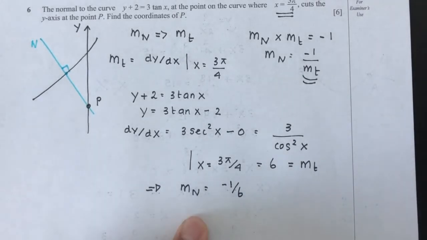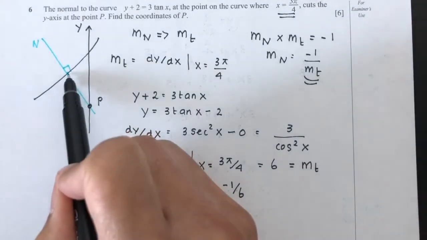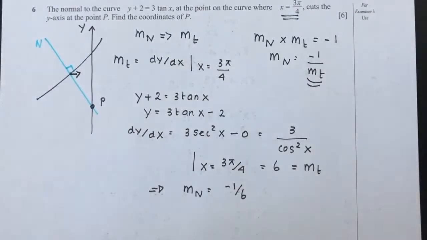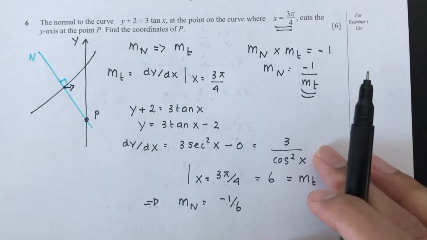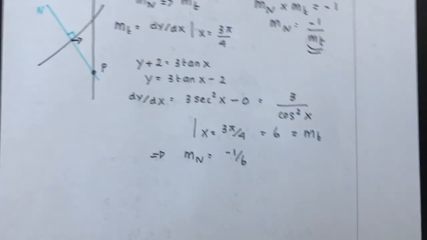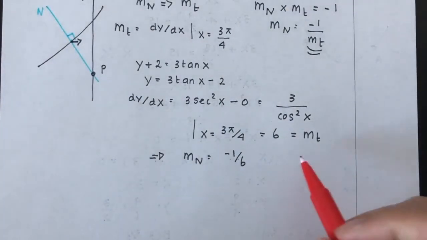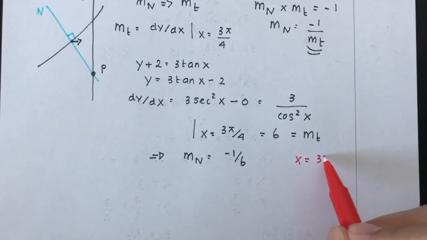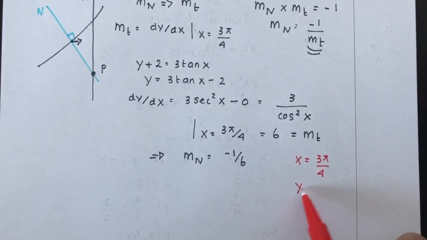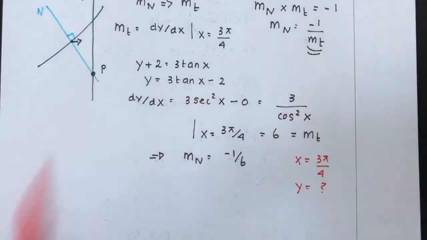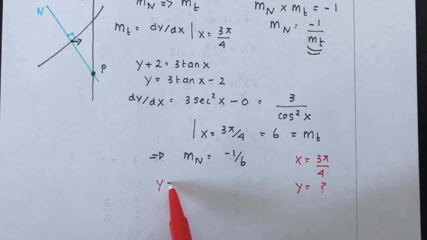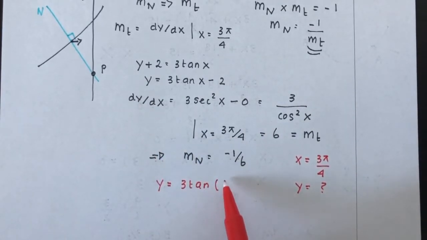Now from this point you have to find the passing point here. What is this point? We know the x value is this. We have to find the y value of that point. So let's use a different color here. Let me use red. So we know that x is 3 pi over 4. So what is y? We place it back in the equation. So y is equal to 3 tan of 3 pi over 4 minus 2.